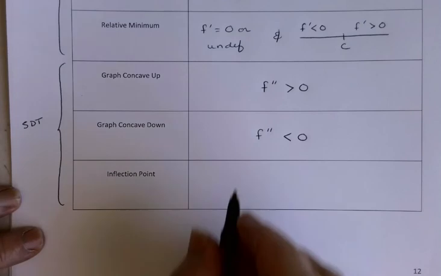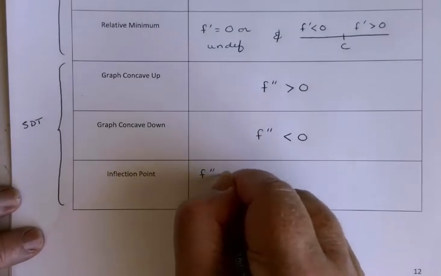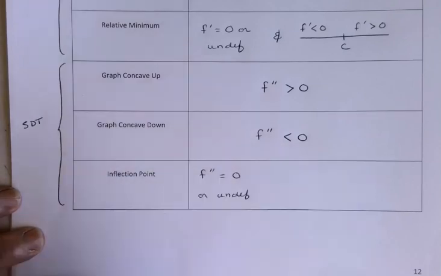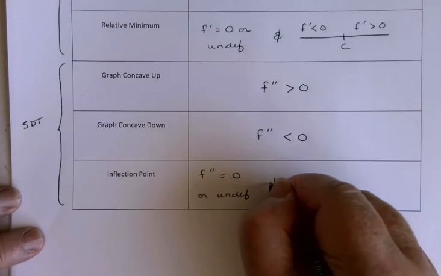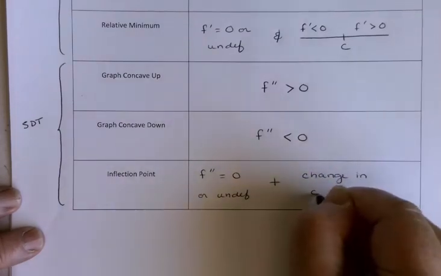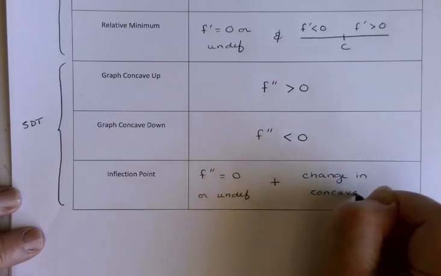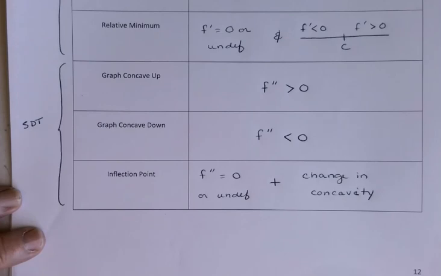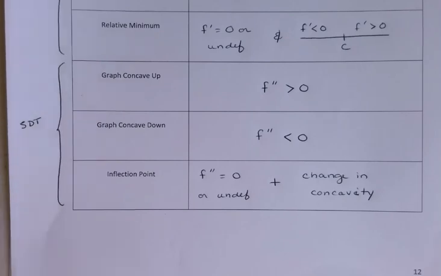For an inflection point, the second derivative has to be 0 or undefined, and in addition, we have to have a change in concavity. It doesn't matter whether it goes from concave up to down or down to up, but it does have to change. So the second derivative must change signs at the inflection point.